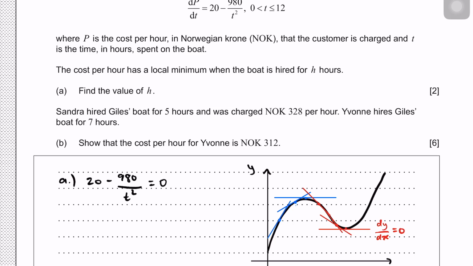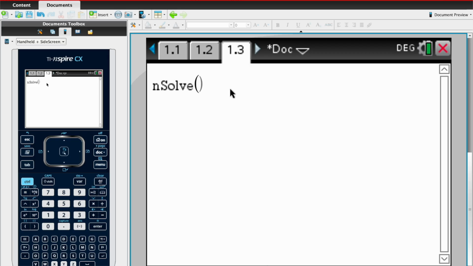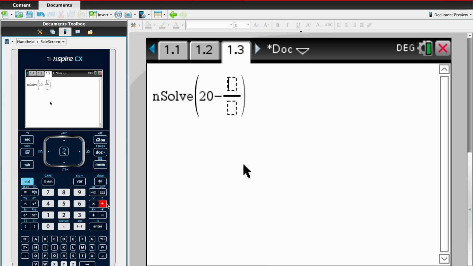Let's go ahead and work this out on the calculator. Menu, algebra, numerical solve. 20 minus, let's open up a fraction here, 980 over t squared, and we'll solve for t.